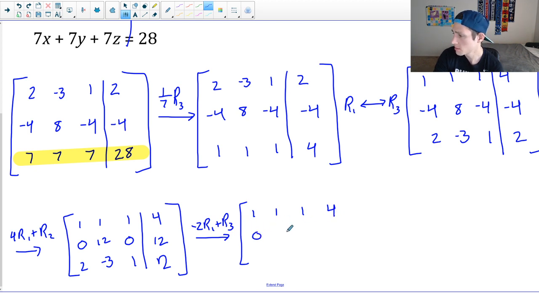Second row stays the same, 0, 12, 0, 12. But now this third row will change. 1 times negative 2 plus 2 is 0. 1 times negative 2 is negative 2 plus negative 3 is negative 5. 1 times negative 2 is negative 2, negative 2 plus 1 is negative 1. 4 times negative 2 is negative 8, negative 8 plus 2 is negative 6.